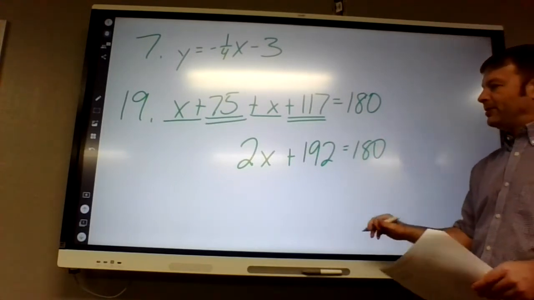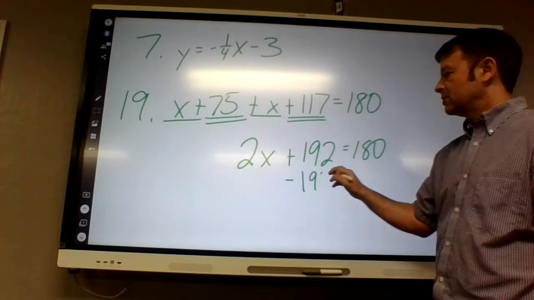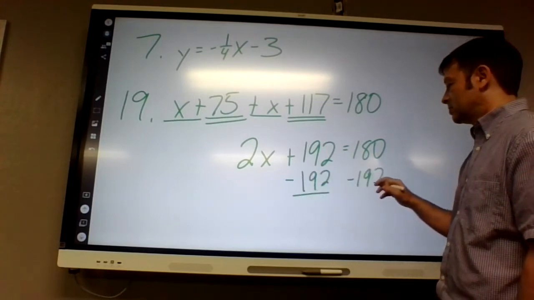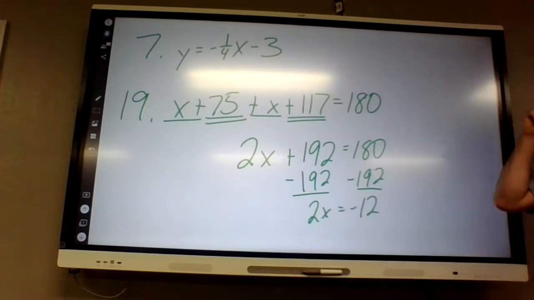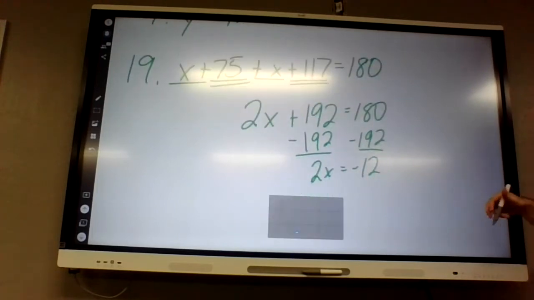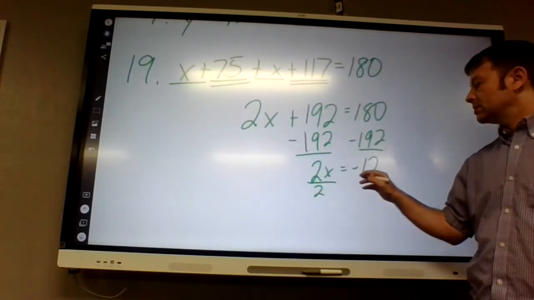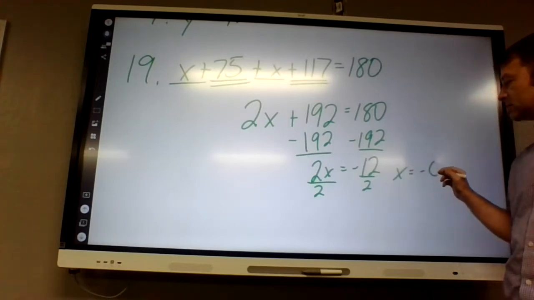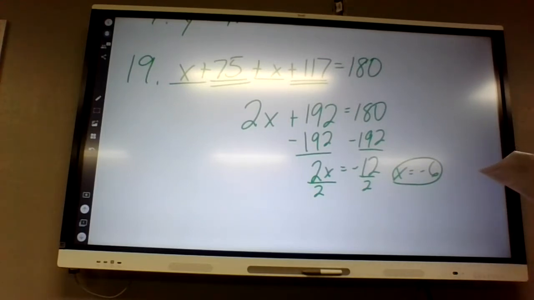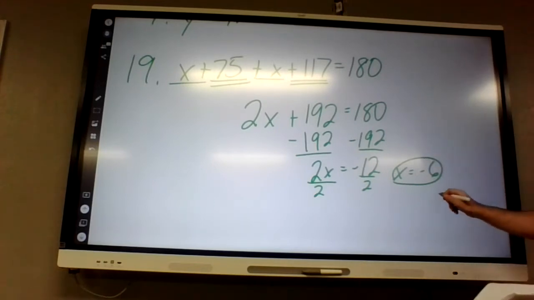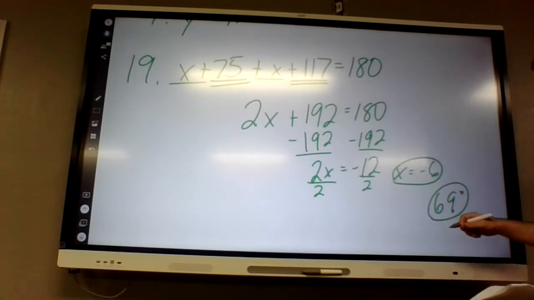So now we've got a basic problem. Alright, is x the answer? No, they wanted the angle. So how do I find the angle? Plug it in. x plus 75, so negative 6 plus 75. 69 degrees. I guess maybe I shouldn't have circled the x.